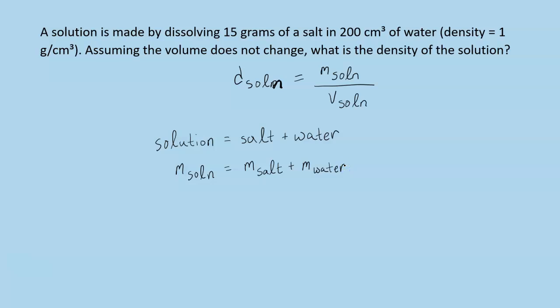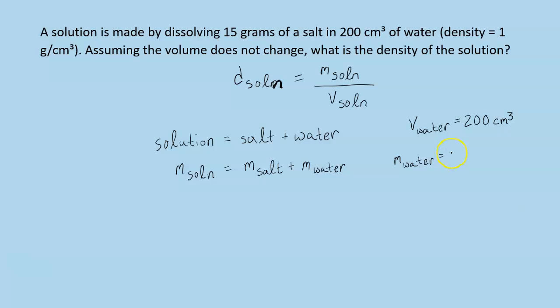Okay. Now, since the volume of the water is 200 centimeters cubed, and we know the density is 1 gram per centimeter cubed, then the mass of the water is 200 grams.